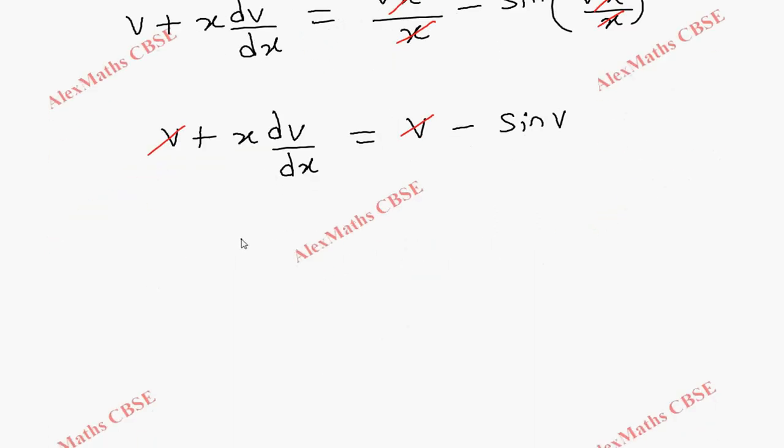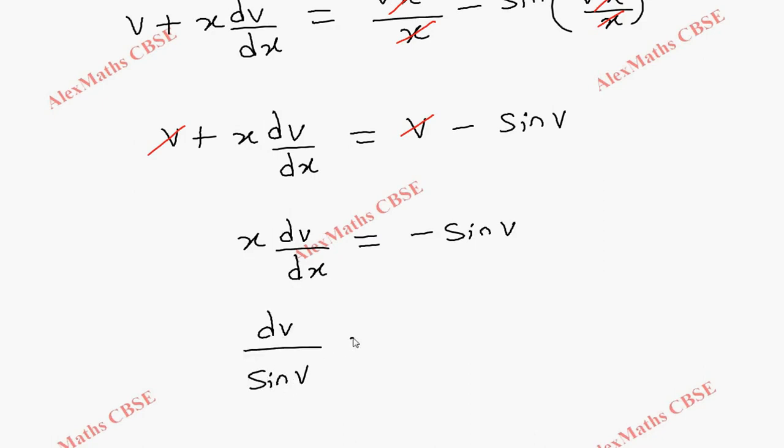Then after this step, we have to do variable separable. X into dv by dx equal to minus sine v. Taking v terms to one side, dv by sine v equal to, we keep this minus sign here, and dx by x.